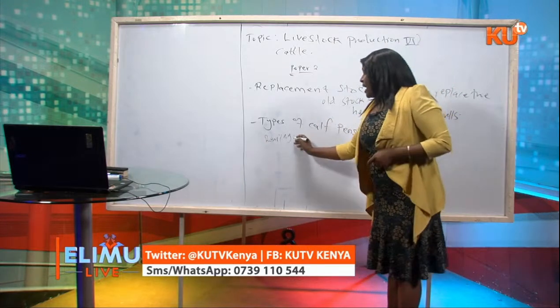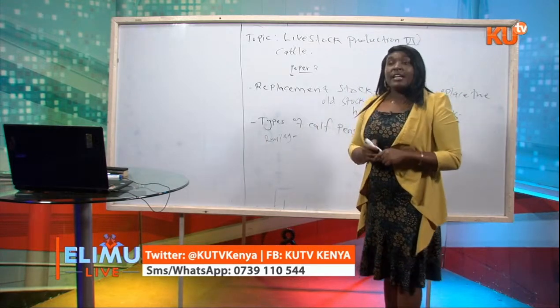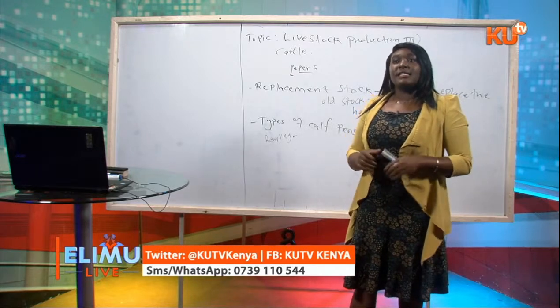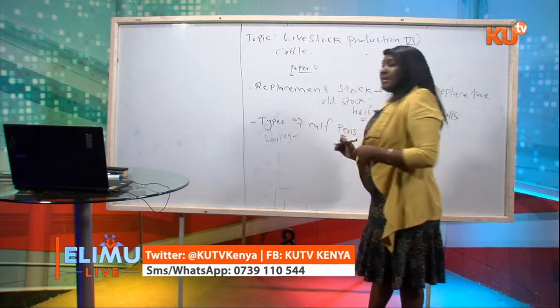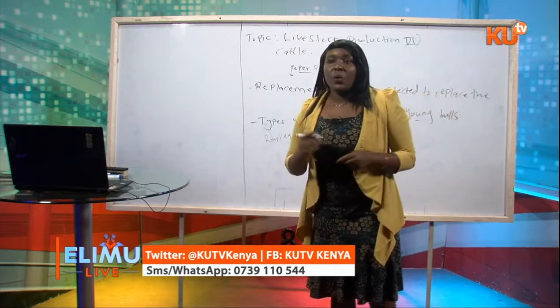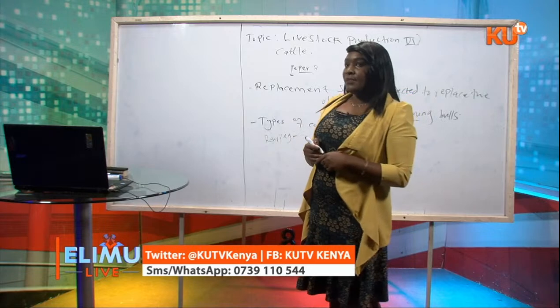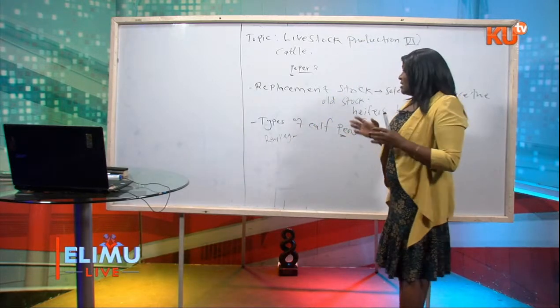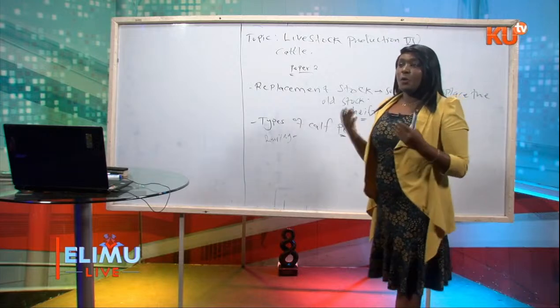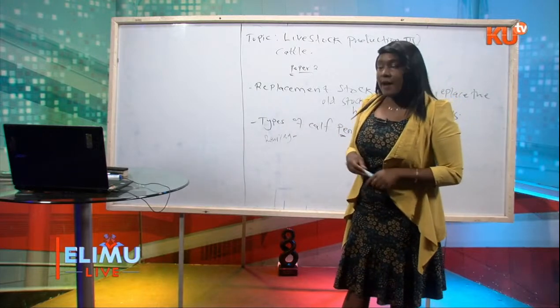One of the aspects of rearing cattle is good housing. A calf pen is where the calf is housed, where these heifers are housed. We require these calf pens to be structured in such a way that they promote productivity in your farm.